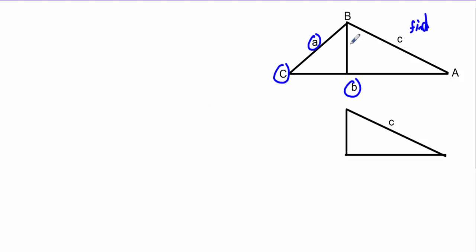Well, again, just like I explained in the previous example, we're going to find that height. So to do that, I can say the sine of angle C is equal to h over a.